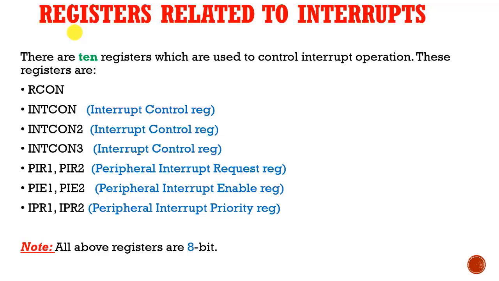That's a very important point of interrupts: whenever you are using any module as a source of interrupt, but you have mistakenly or deliberately forgotten to turn on the interrupt enable bit for that specific module, then even if your flag is raised, it won't generate an interrupt until you enable the IE bit of that particular module. So we'll just move forward.